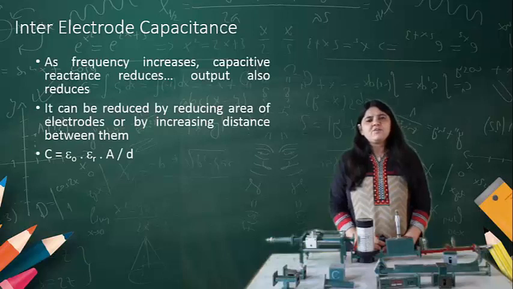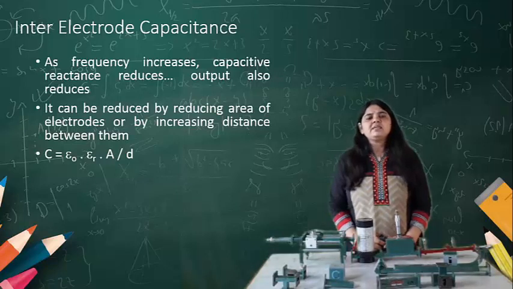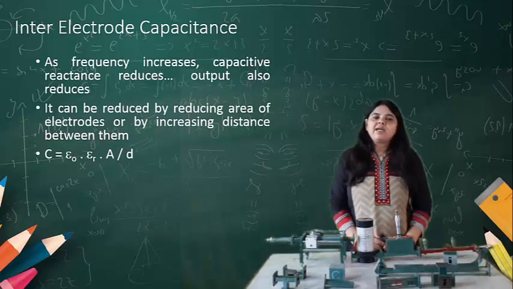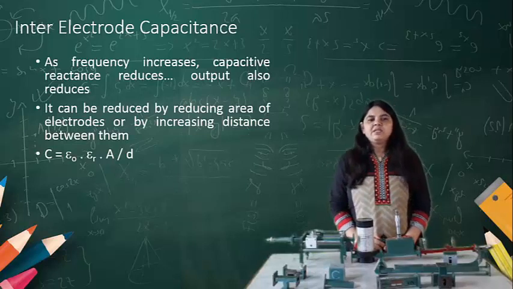First of all, what is the meaning of inter-electrode capacitance? As we know, as the frequency increases, the capacitive reactance reduces, and due to that, the output produced also reduces. So this inter-electrode capacitance we want to reduce, by reducing the area of the electrode or by increasing the distance between them, so the capacitance value can be reduced.